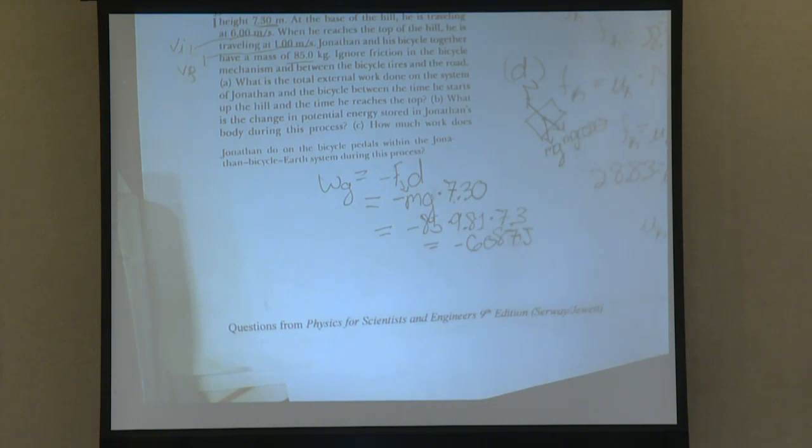Or no, sorry, I think that decimal is off. 85 times, let me calculate that really quick. That's 6,087, but approximately 6,080 if you're doing significant figures. So that was part A.